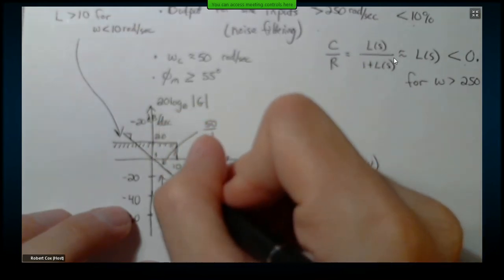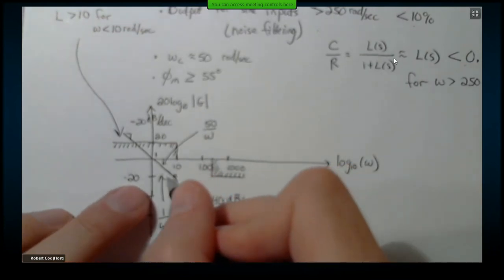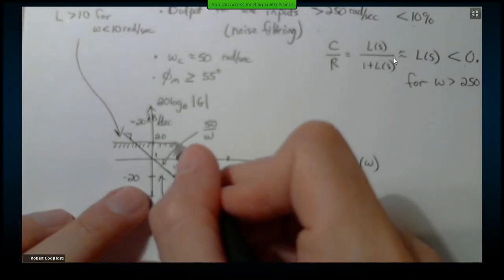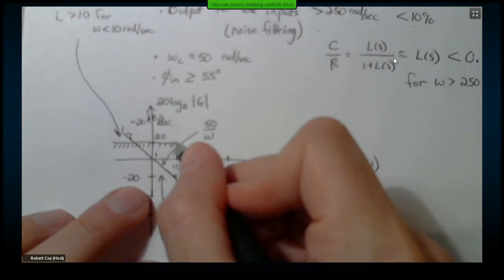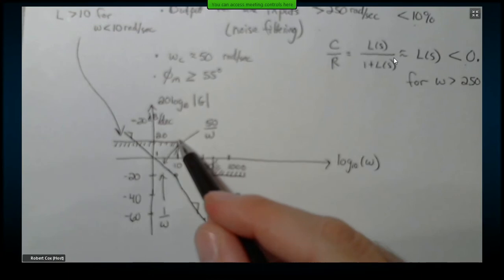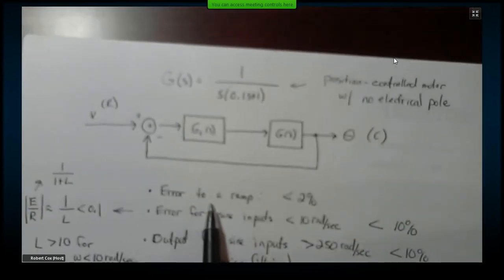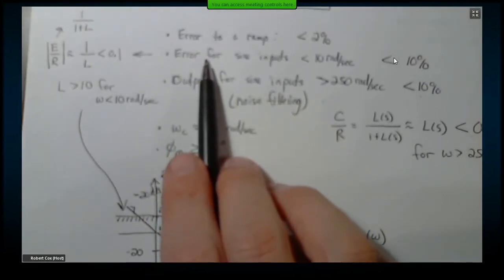Because look at this. Right here at 10 radians per second, I'm at minus 20 dB. A gain of 100 would get me up to 20 dB at that point. So a gain of 50 is not going to be enough to clear this obstacle. It's enough to meet this error to a ramp spec, but it's not enough to meet this second spec.